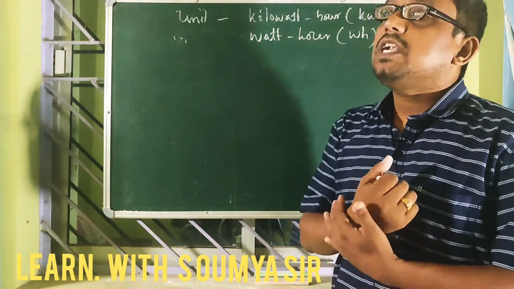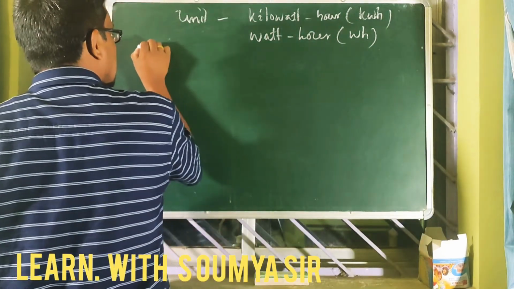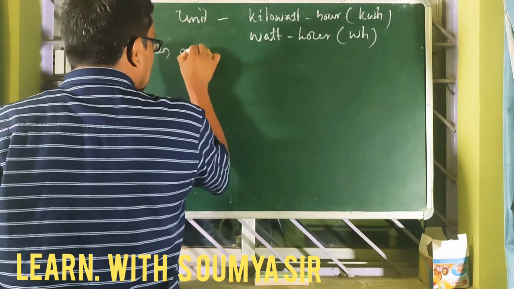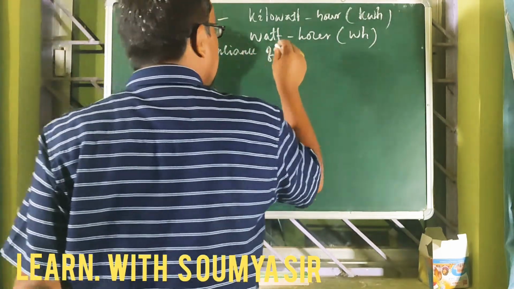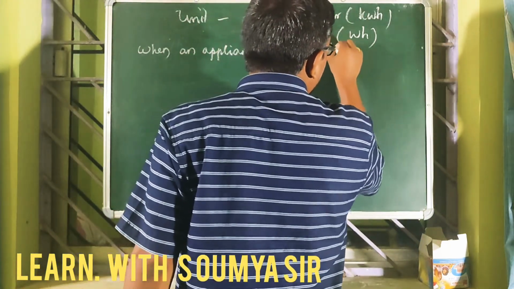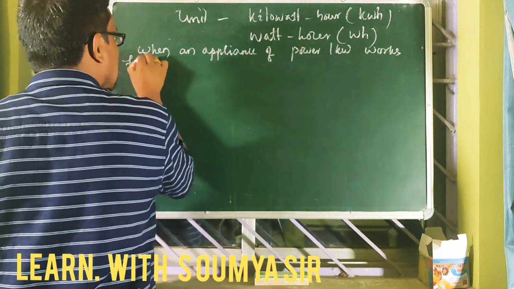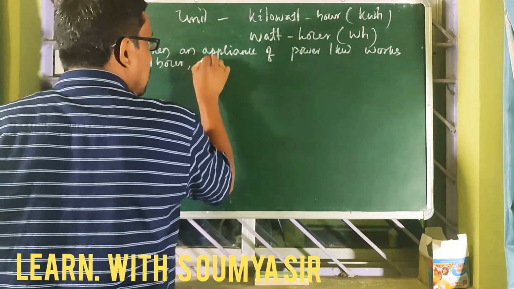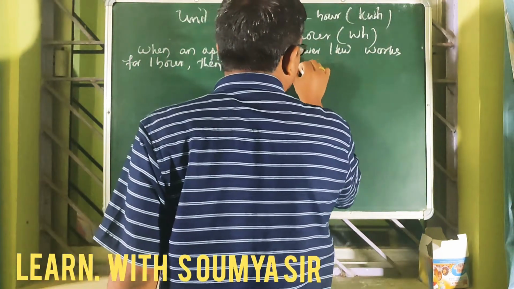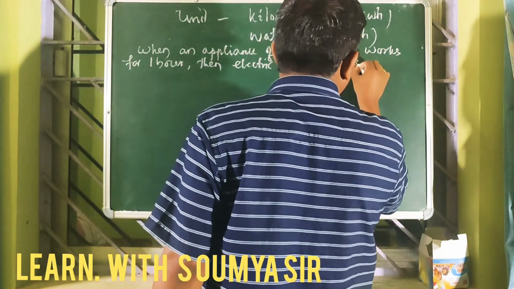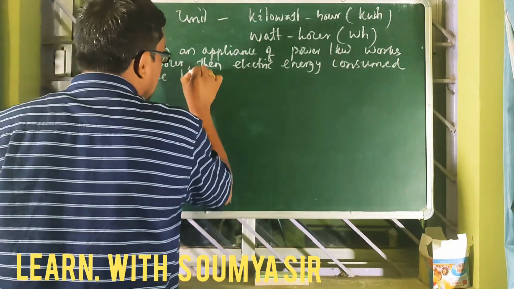Now, what is 1 kilowatt hour? When an appliance of power 1 kilowatt works for 1 hour, then the electric energy consumed will be 1 kilowatt hour.